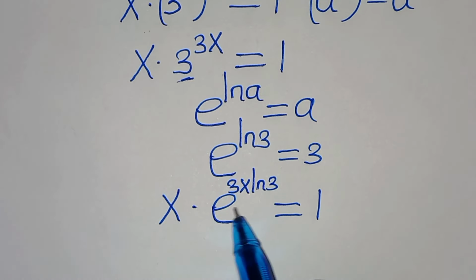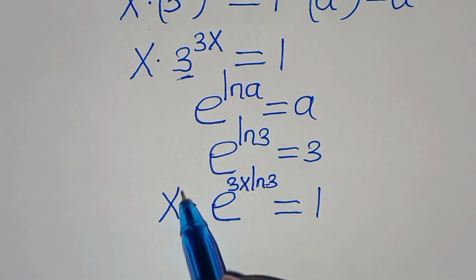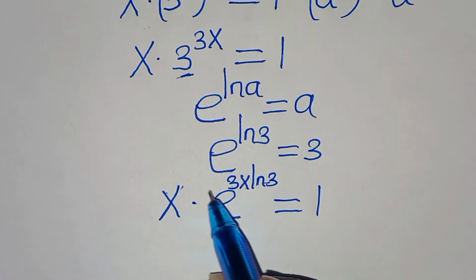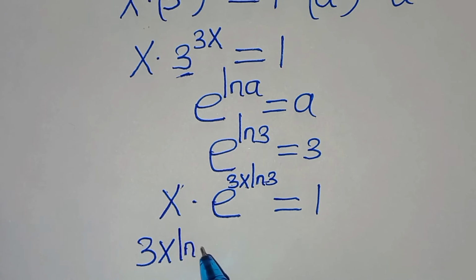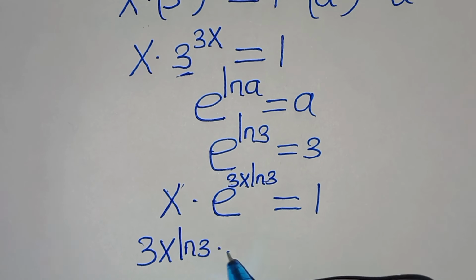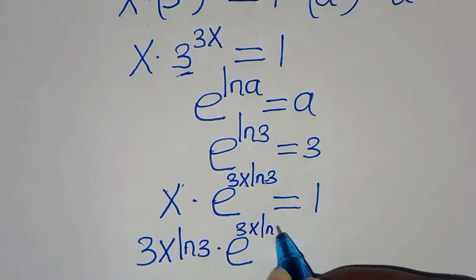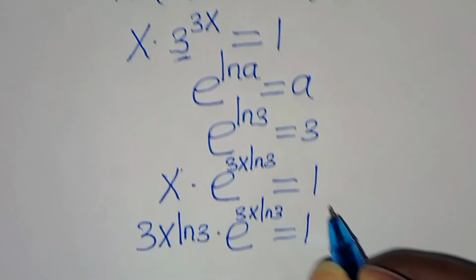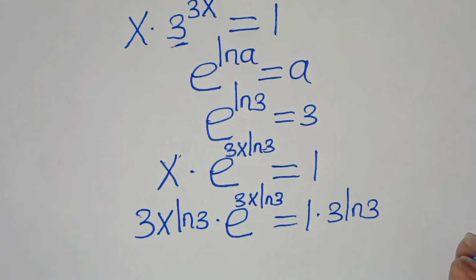The next step: we have 3x ln of 3 in the exponent, but here we have x. So let's multiply both sides by 3 ln of 3, so that we have 3x ln of 3 multiplied by e to the power of 3x ln of 3, equal to 1 times 3 ln of 3.